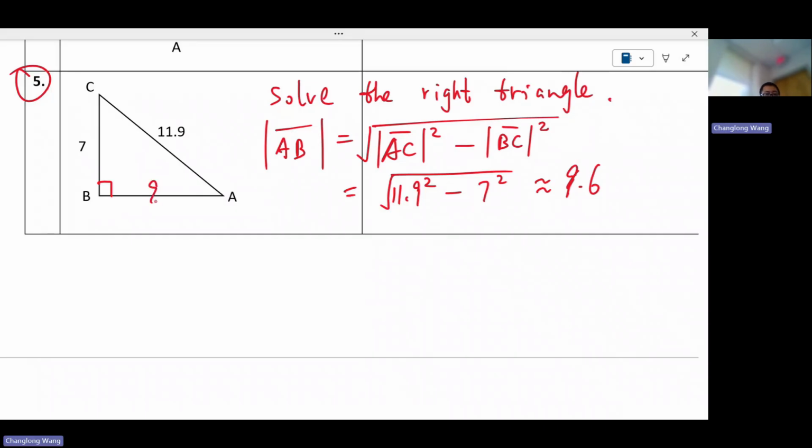Okay, so now we have all the sides. So let's find out the angles. Let's say I want to find angle A. So why don't you tell me, or anyone feel like sharing with the whole class, what inverse trig function you feel like using to find angle A?